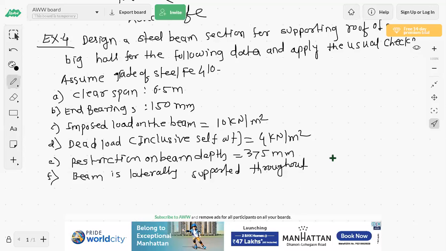I think they have given one more data: center to center spacing of beams is equal to 3 meter they have given.